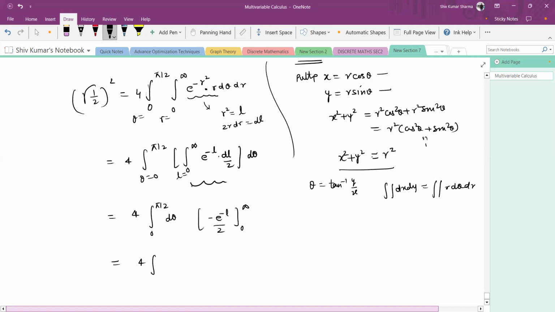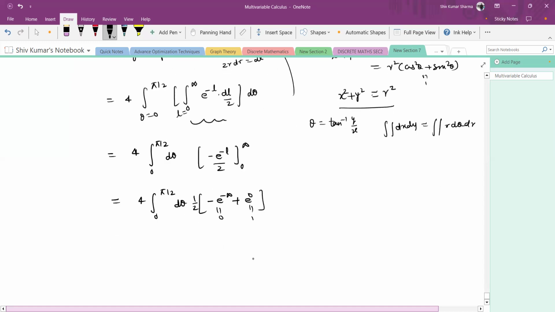When we apply the upper limit, e raised to the power minus infinity, with 1 by 2 taken outside, minus minus becomes plus, e raised to the power 0 at the lower limit. e raised to the power minus infinity is 0 and e raised to the power 0 is 1, so 0 plus 1 gives us 1. We take 1 by 2 outside, which leaves the integral from 0 to pi by 2.